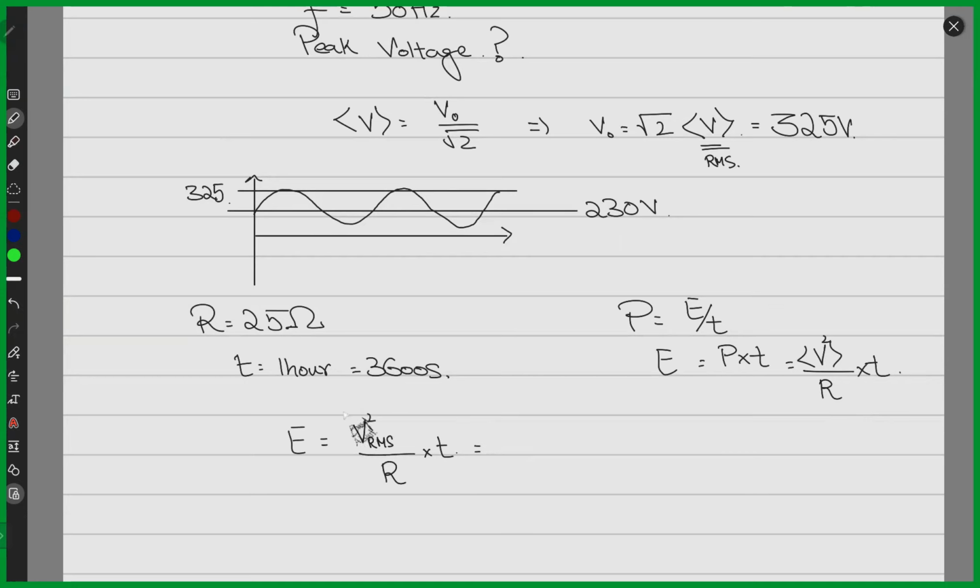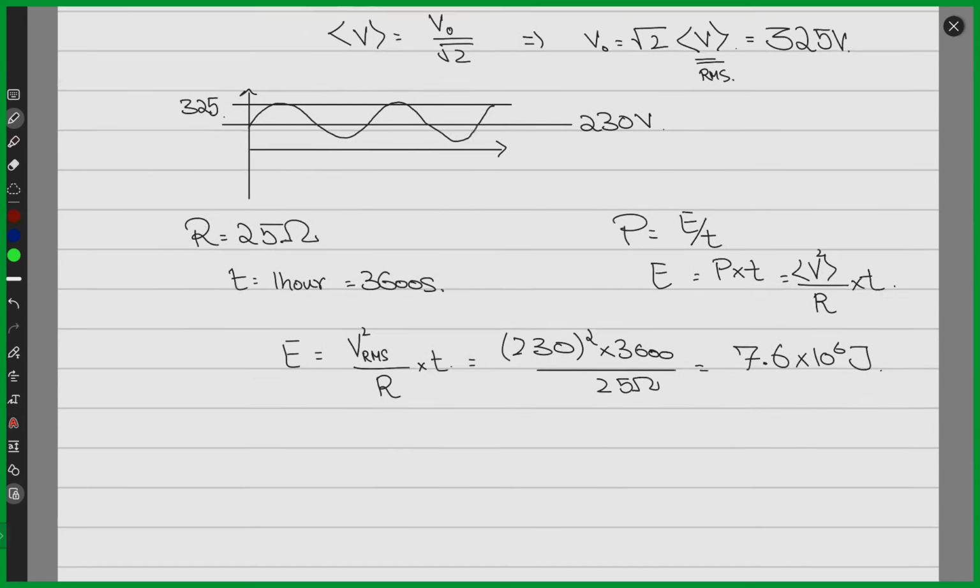The root mean square value, which is always the mains voltage, is 230. You square this, multiply by 3600, and divide by 25 ohms. So there is an energy loss of 7.6 into 10 raised to power 6 joules if I run an AC current through a resistor of 25 ohms.